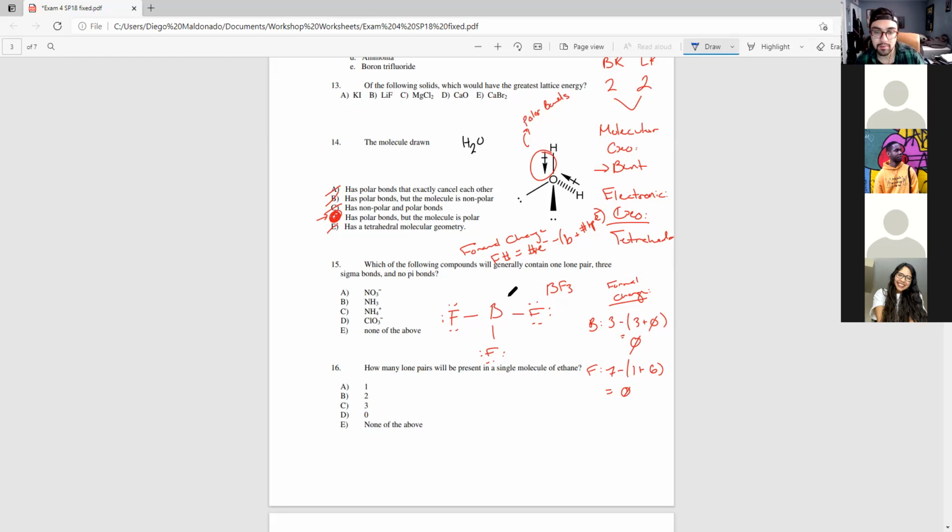Is it gonna pull it in? Is it gonna hug it? Remember electronegativity. It's the ability to attract electrons. So it's gonna pull it. Yeah, it's gonna pull it towards itself.